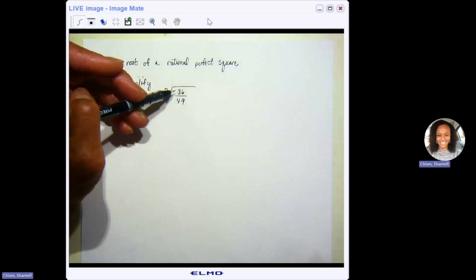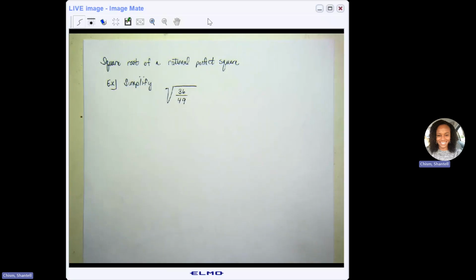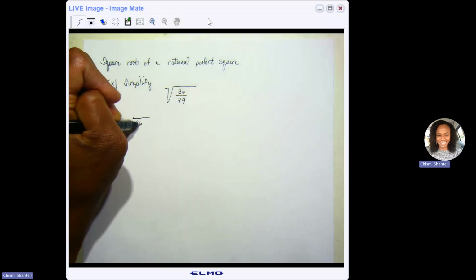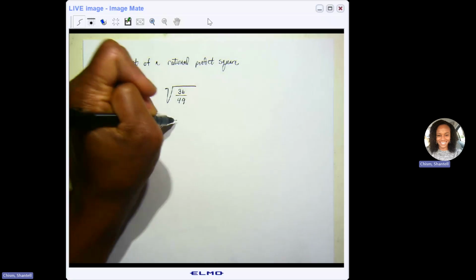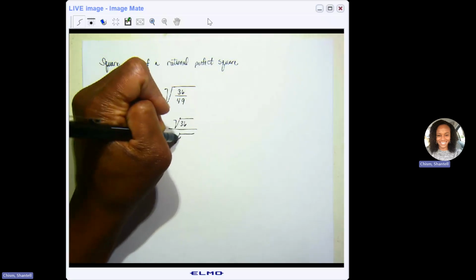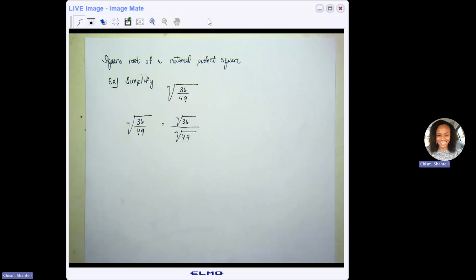What you can do is actually give top and bottom, numerator and denominator, its own radical symbol. So the square root of 36 over 49 can become the square root of 36 divided by the square root of 49. That way you can work with top and bottom individually because it's possible that won't divide evenly.